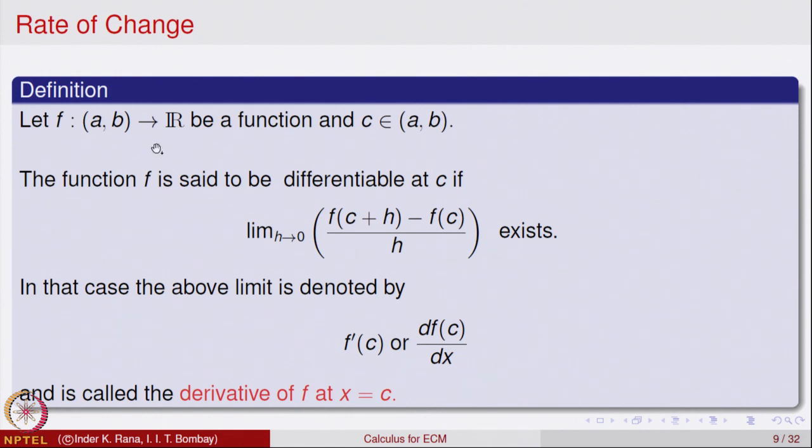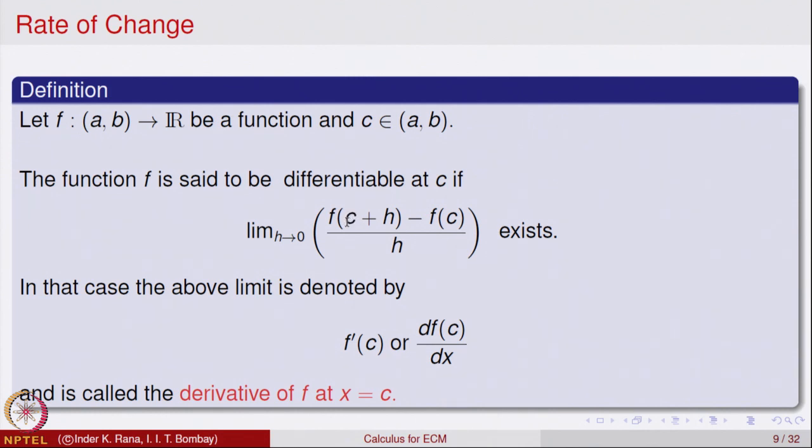So, to make it more precise, let us make the definition. Let f be a function from (a, b) to R, and c is a point inside (a, b). We have purposefully taken an open interval and a point c inside the open interval, because this is a property of an open interval: if you take c plus h, whether h is positive or negative, that will also belong to (a, b).